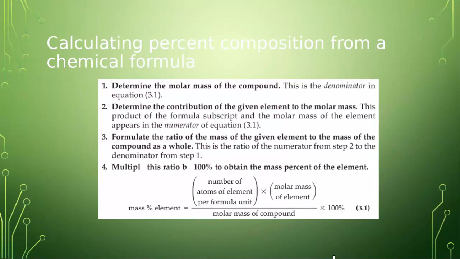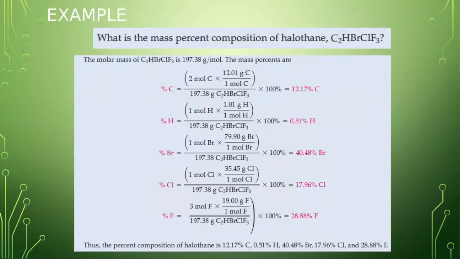Let's do an example, and then you can understand easily while doing this example. What is the mass percent composition of halothane? For example, for the carbon, hydrogen, bromine, chlorine, and fluorine, we want to find all of these atoms' percentages.